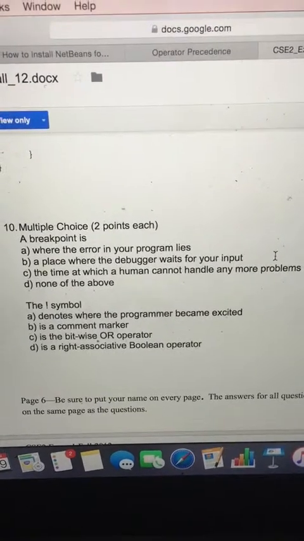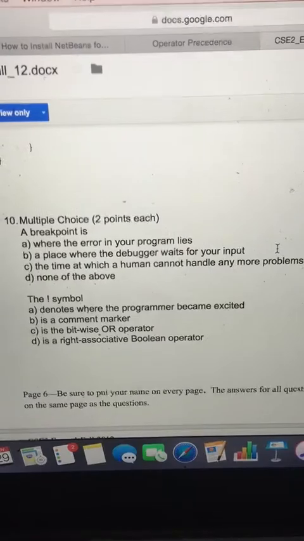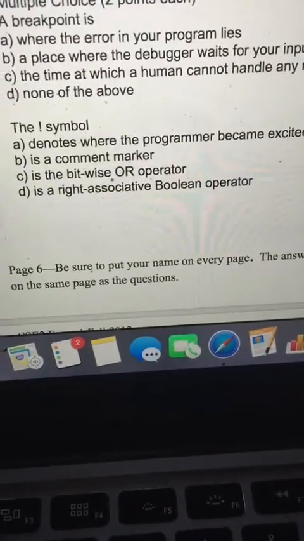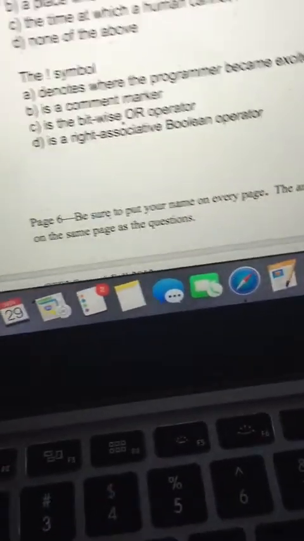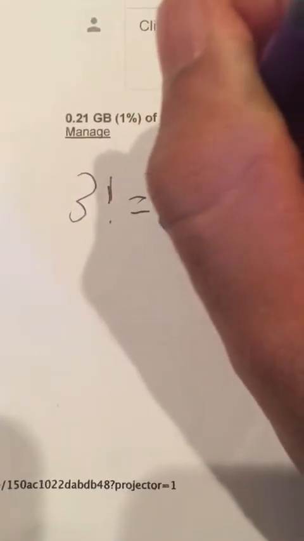And the next question asks what an exclamation point means. An exclamation point in Java is a logical not symbol. So just as an example, on a sheet of paper over here, if I were to write 3 does not equal 2 as the condition for a piece of code to execute, so there'd be an if statement over here.